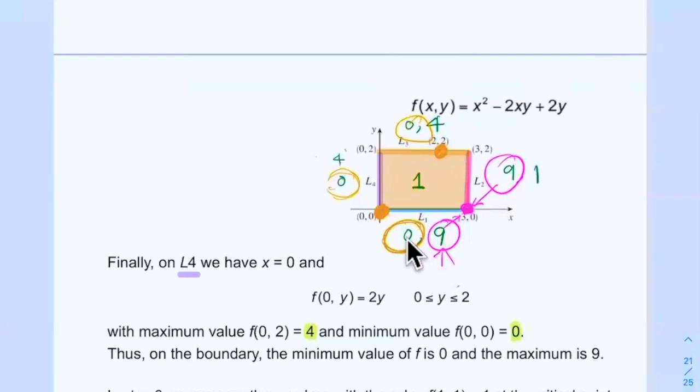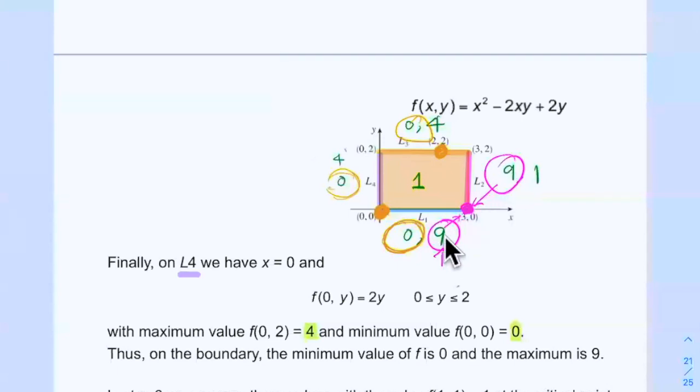So 0 and 9, 9 and 1, 0 and 4, 4 and 0. Those are the extreme values along each line segment. Now remember, we can just compare and find the absolute max, right? What's the absolute max? 9, yeah, 9 is the maximum value.